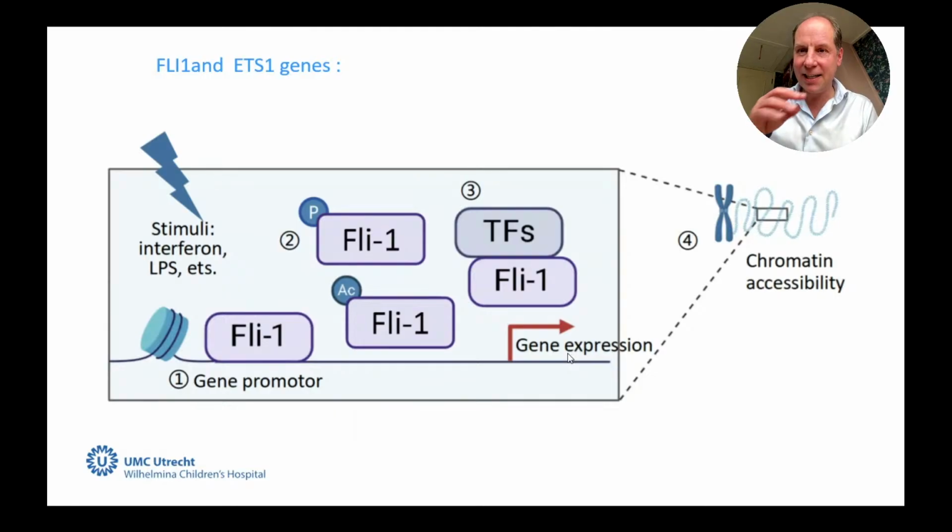And what you see here is a diagram where you see that different inflammatory stimuli like interferon or endotoxin from bacteria stimulate the production of this gene product, and that the gene product opens up the DNA to promote other genes to be read and other substances, proteins to be made.